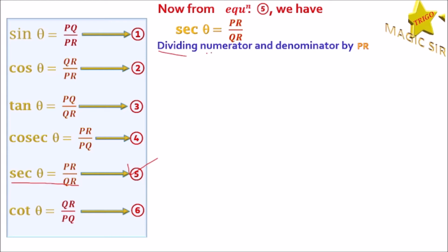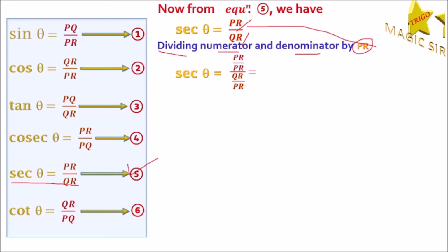Dividing numerator and denominator by PR, we have sec theta is equal to PR upon PR, and here QR upon PR.